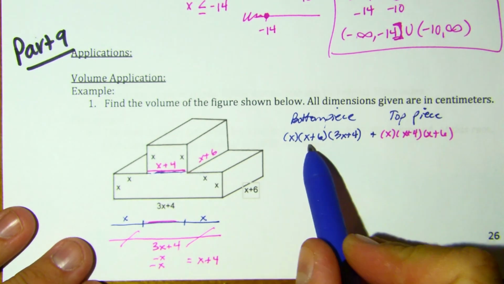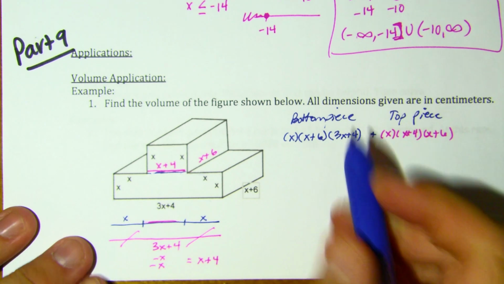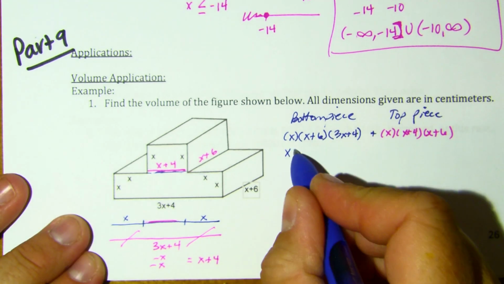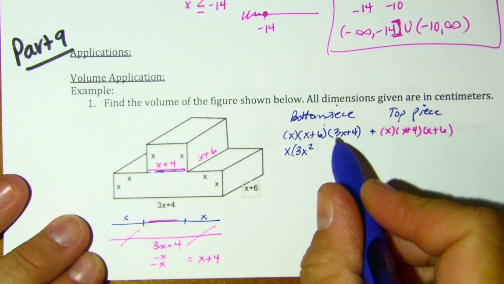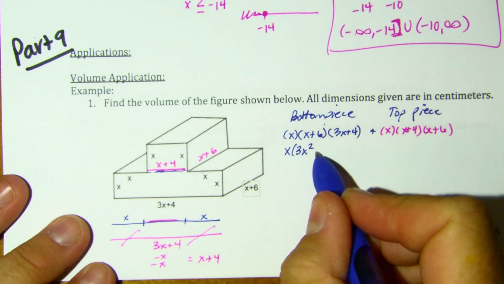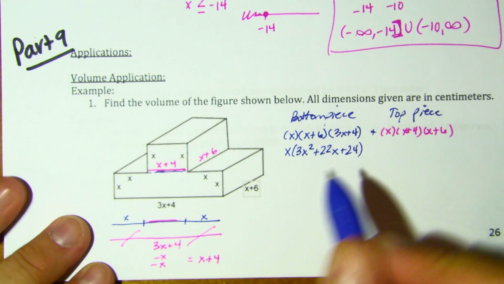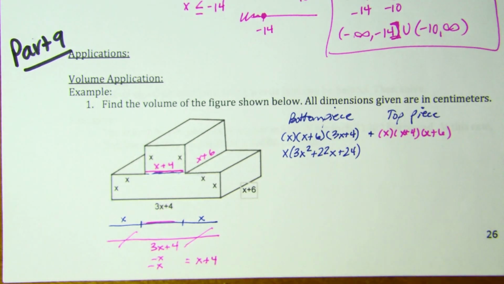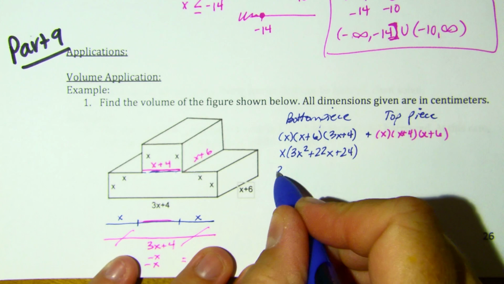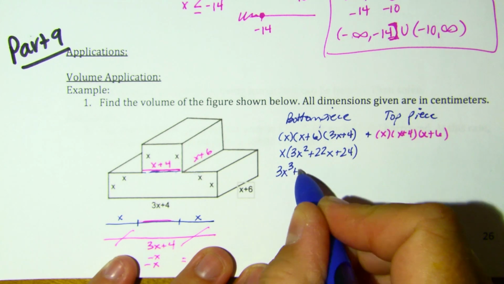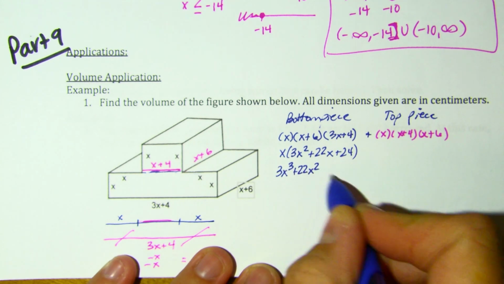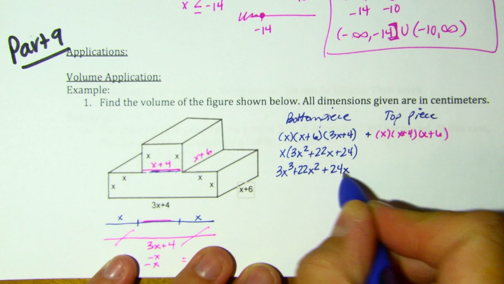So for the bottom piece, 3x plus 4 times x plus 6, that's going to give me 3x squared, and 18 and 4 is 22x, and plus 24. And then distributing the x, that'll give me 3x cubed plus 22x squared plus 24x.